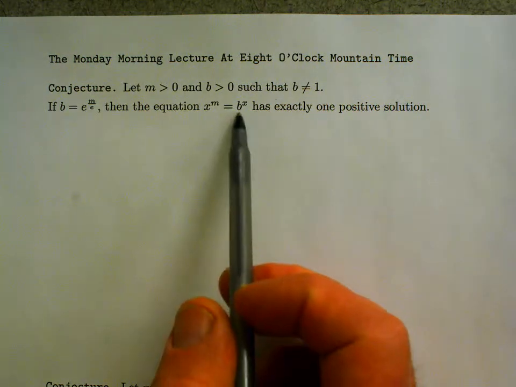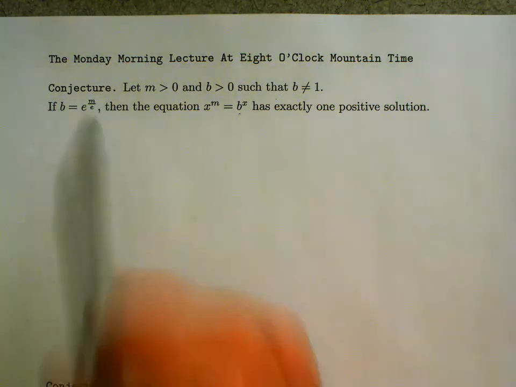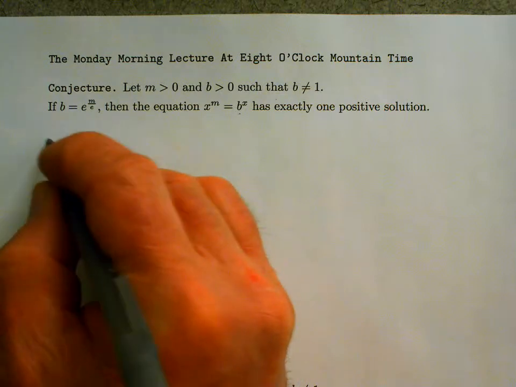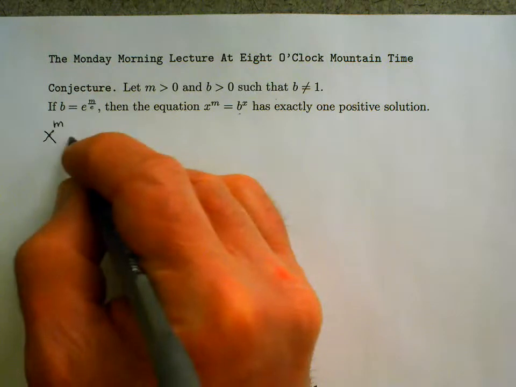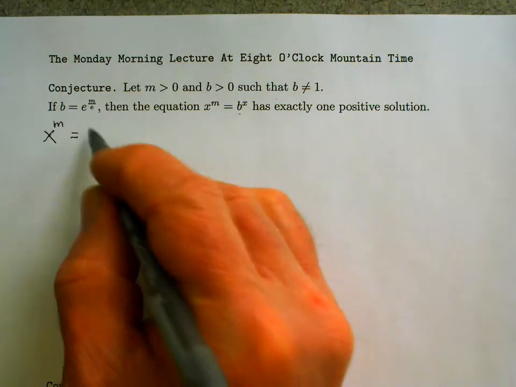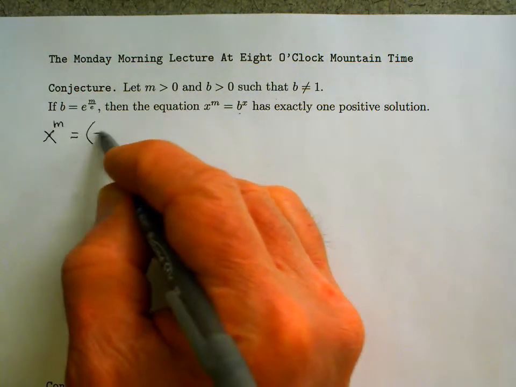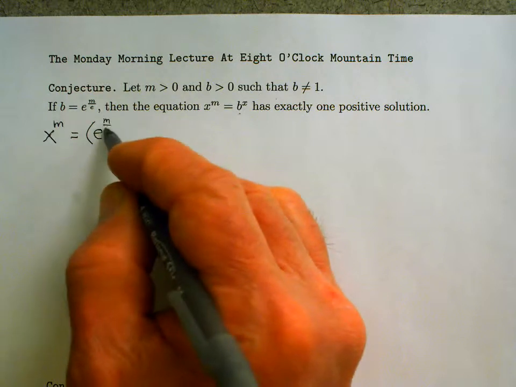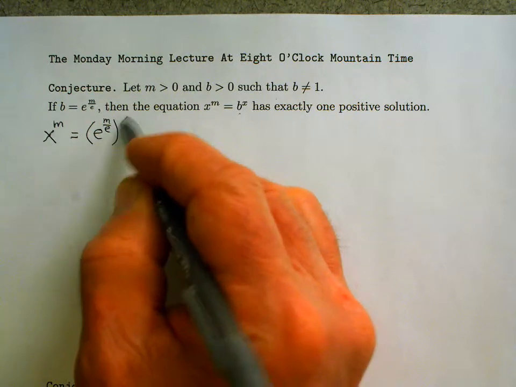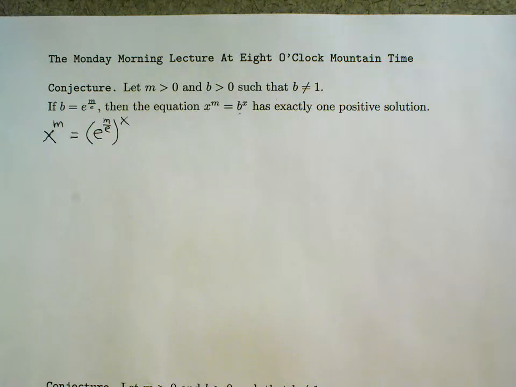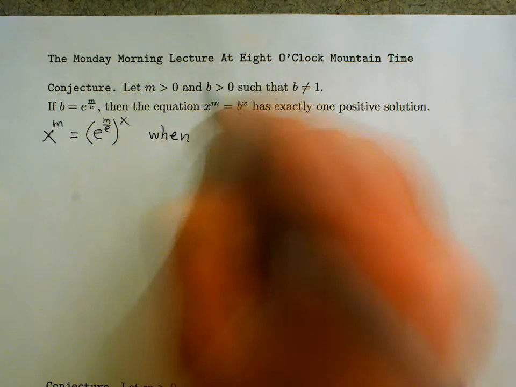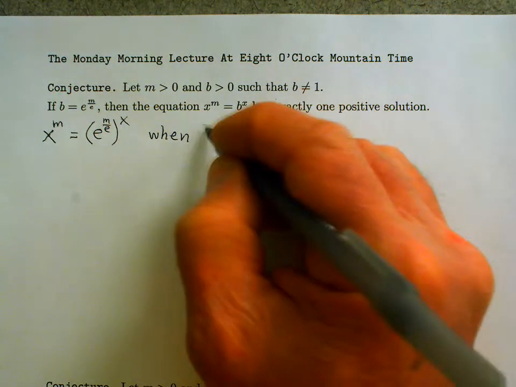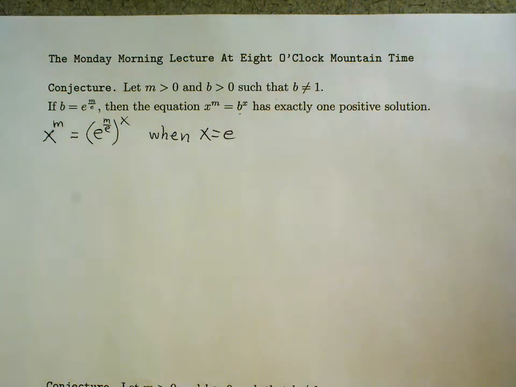Well, if we just replace b with e to the m over e, then we get this equation, x to the m equals the base number e to the m over e raised to the power x. And we observe that this equation is solved when x equals e.